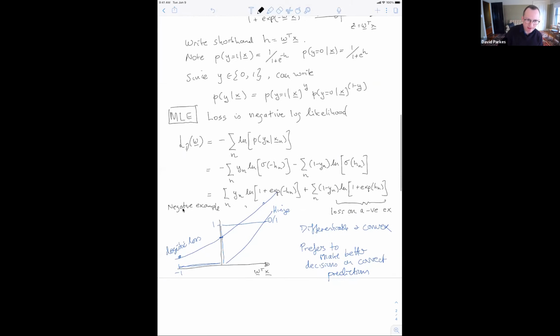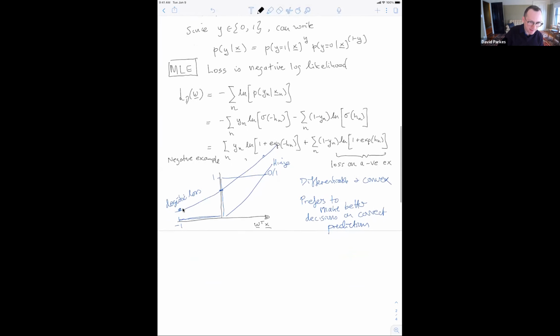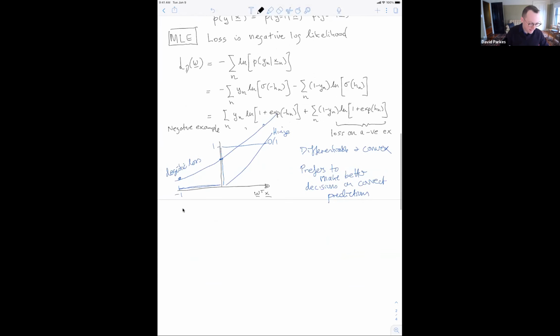There's one other thing that I can tell you, which is also really neat, which is that now we can actually think about stochastic gradient descent. I'm not actually going to take the derivative for you, but you can take the derivative of the loss to figure out the gradient vector.